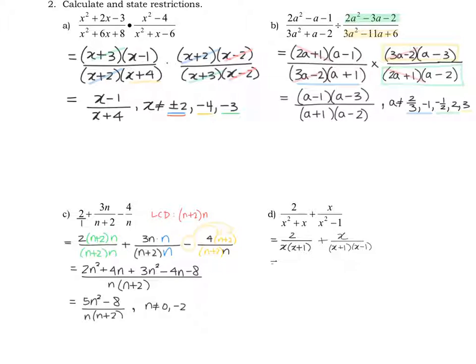Now I need to come up with my lowest common denominator. We have an x plus 1 in both, so I just need to write that down once. We have an x in the first denominator, and we have an x minus 1 in the second denominator. So don't write x plus 1 squared.